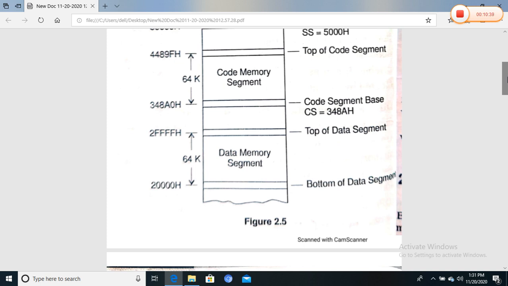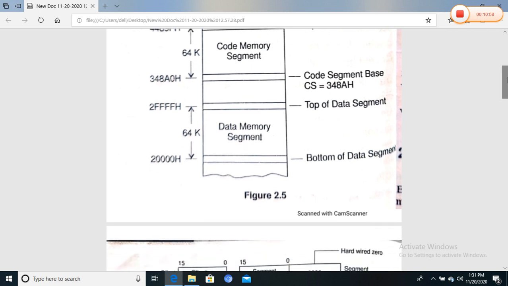So we get the 20-bit physical address 348A0H, where the CS register holds the 16-bit value 348AH.